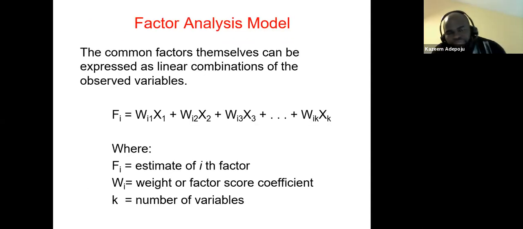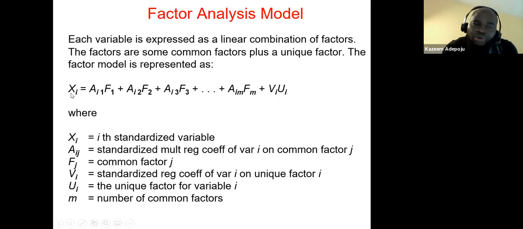Now, let me tell you this. I want to show you a model right now, and look at the one I showed you before. The one I showed you before is just relating a particular input variable to one or more factors.